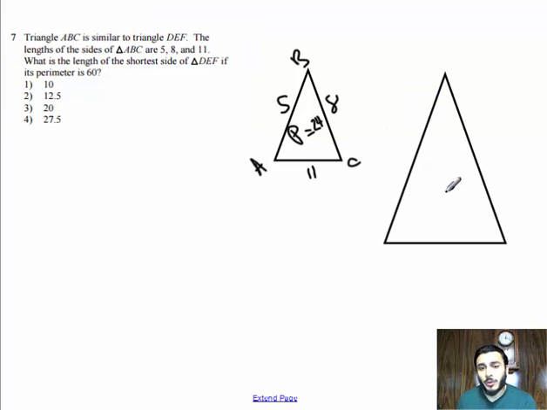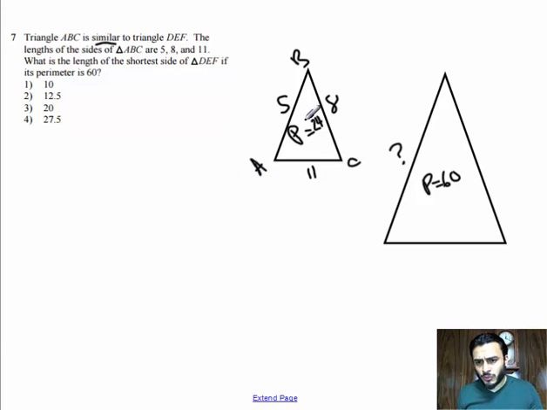So the perimeter of this triangle is 24. The other triangle is going to be bigger because it has a larger perimeter. The perimeter of it is 60. And they want us to find the shortest side of this triangle. You will recall that in similar figures, the sides are proportional, which implies that the perimeters are also proportional.